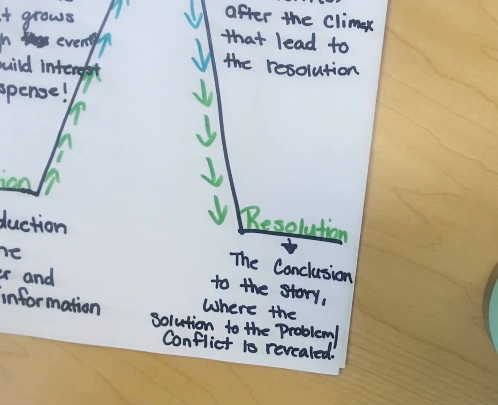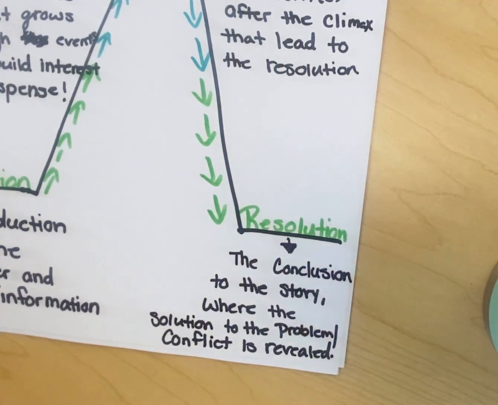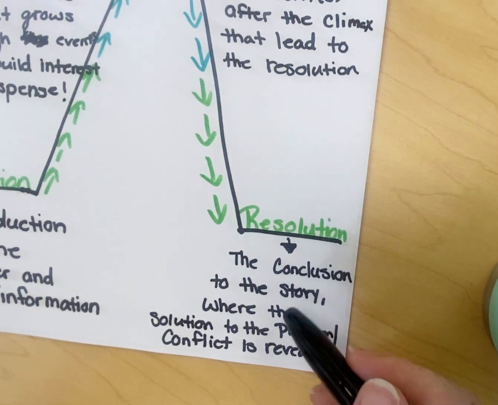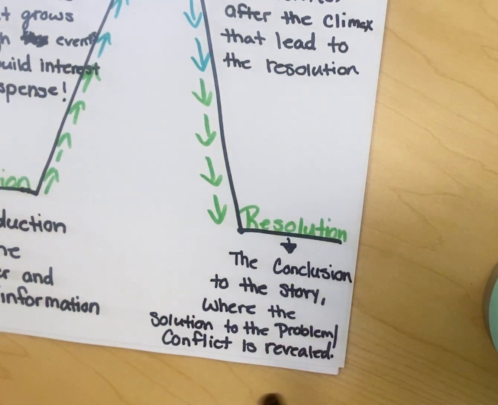So our resolution is that point where our problem is fixed, we have a solution, this is what happened. And that's our conclusion to our story, is finding how to fix the problem and fixing it. And then what happens after we fix it?